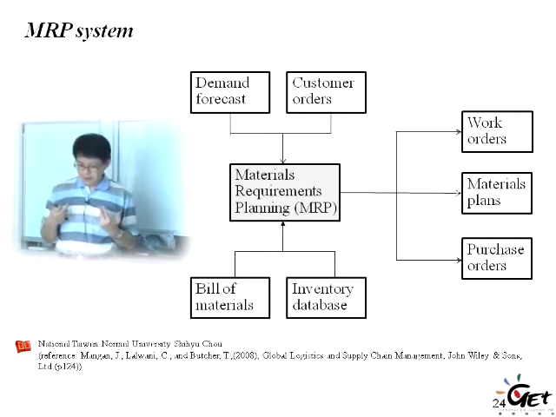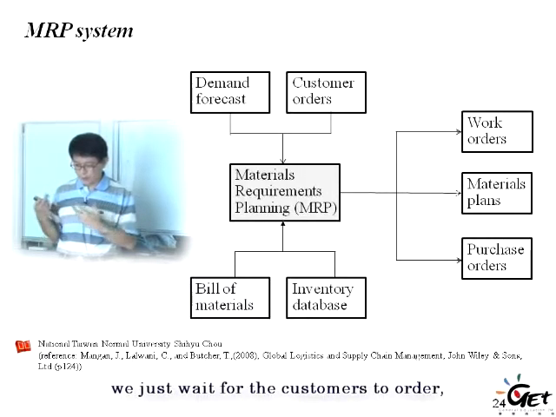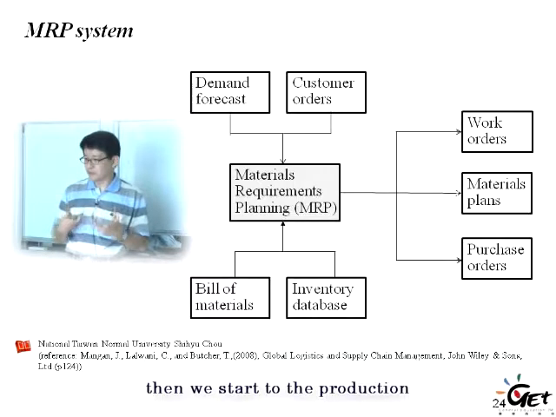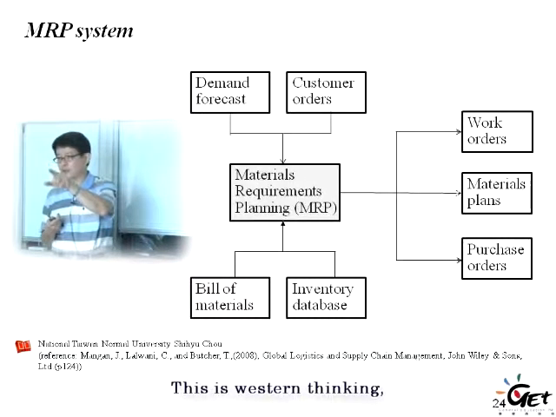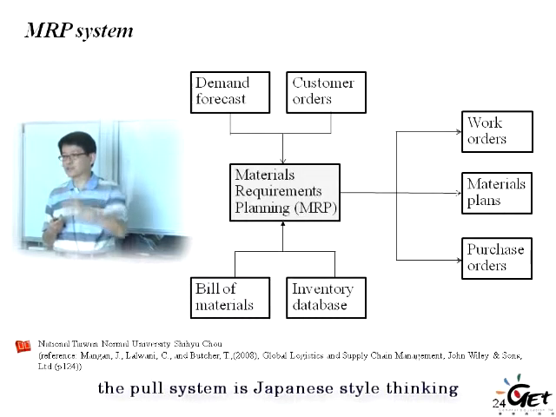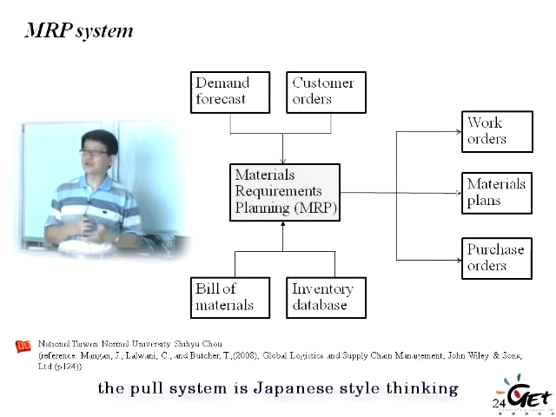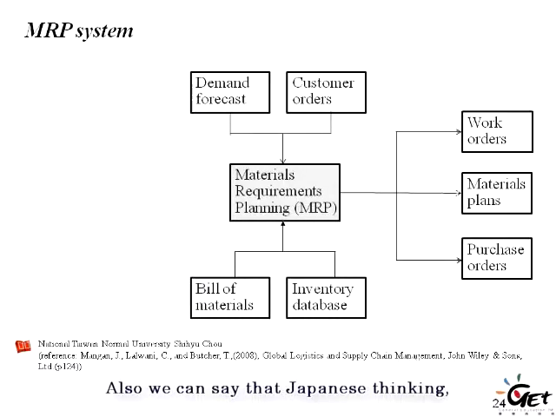That means we just wait for the customer to place an order, then we start the production. A different kind of thinking. This is Western thinking. The pull system is Japanese style thinking, the JIT, just-in-time philosophy.